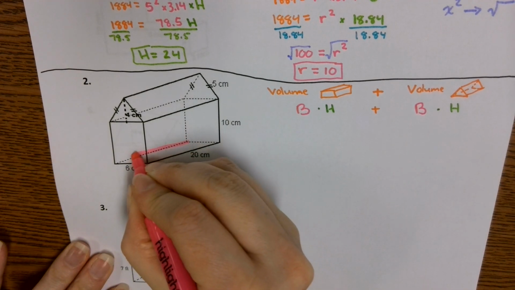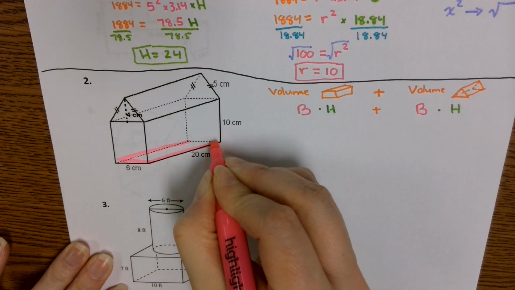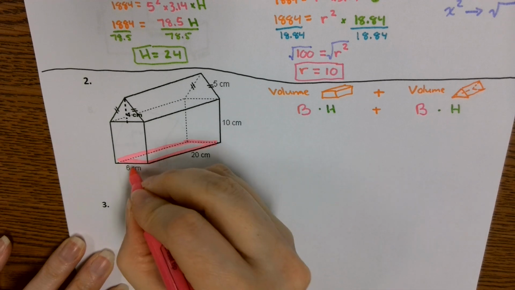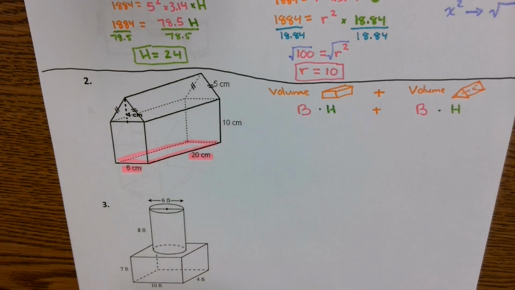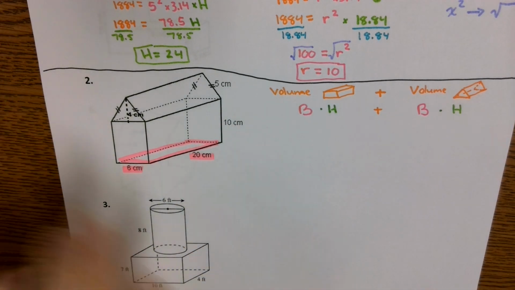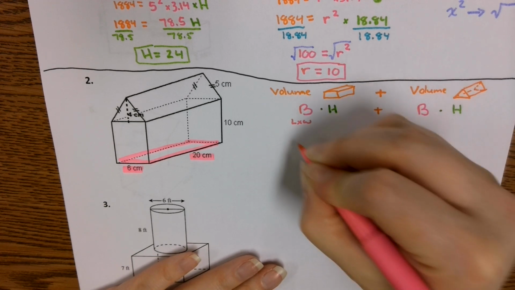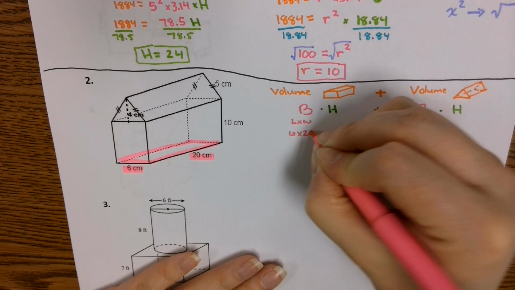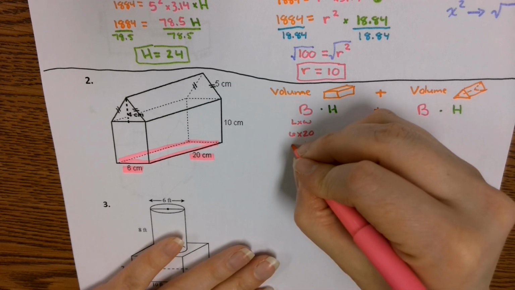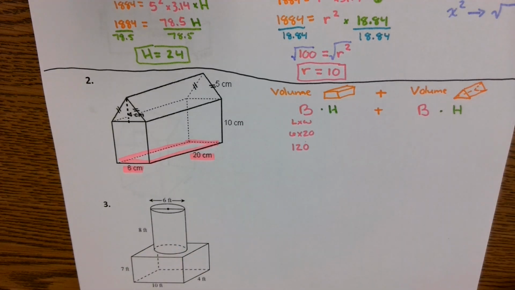So she's focusing on the bottom rectangle. She's letting that be her base. So she's going to use the 6 and the 20 to find her area. Remember, area for a rectangle is length times width. So we're going to do 6 times 20, and 6 times 20 is going to be 120.